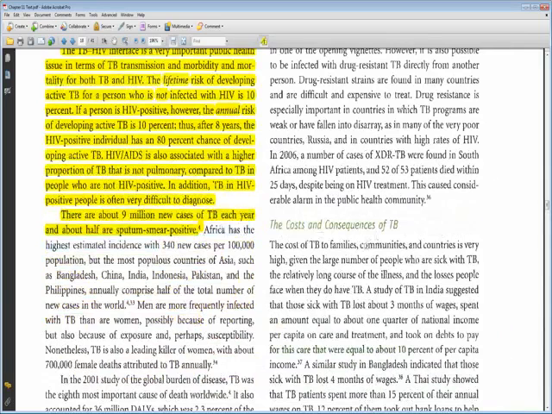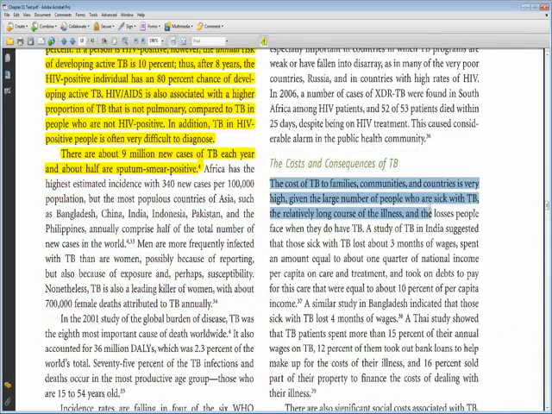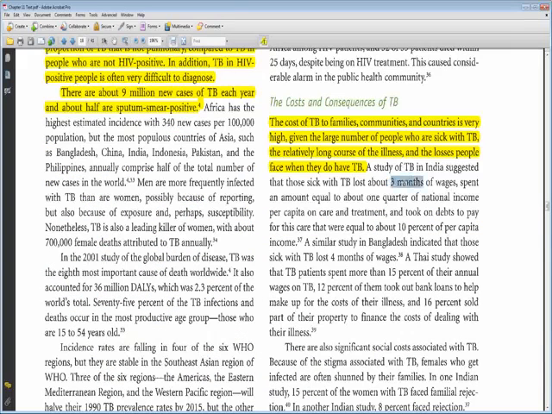Now moving over to the cost and consequences of TB. It talks about the problem with a large number of people being ill for such a long time, and what that costs. You can see here 3 months of wages. Think about what that would do to you personally if you had missed work for 3 months and had no safety net.